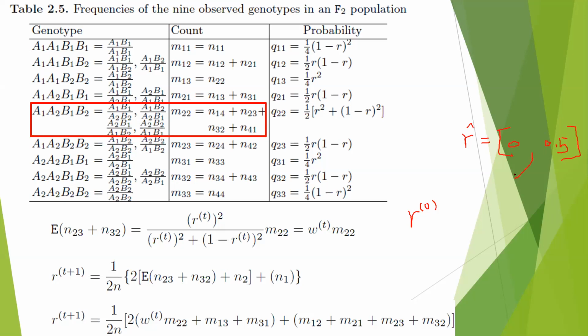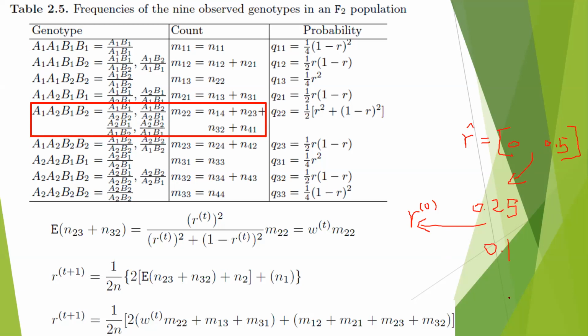Different people may have different ideas. Maybe for me, I will give a value in the middle. But if you have some prior knowledge, for example, if you know these two loci should be very close to each other, then you can give a smaller value, for example, start from 0.1.